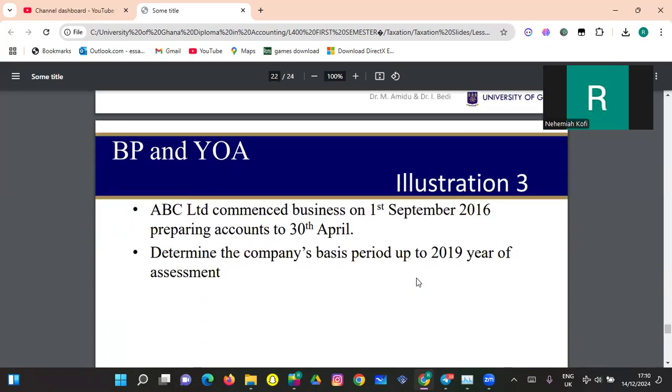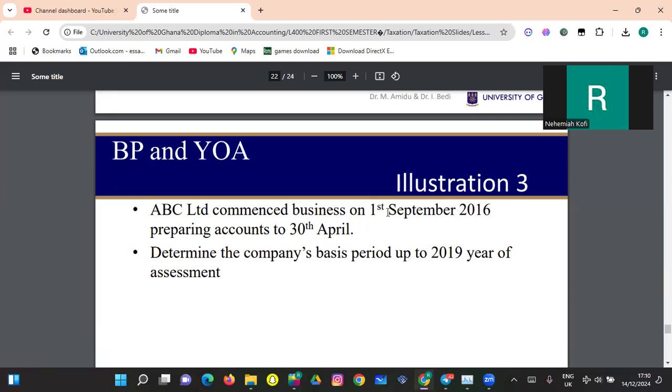Another example here: ABC Limited commenced business on 1st September 2016, preparing accounts to 30th April, right? Look at the first year of assessment. It commenced on 1st September, but has agreed to prepare accounts to 30th April. Basically, this means that the first year of assessment wouldn't be 12 months.